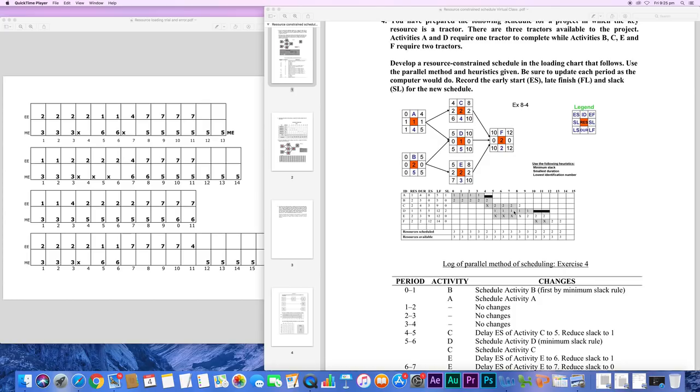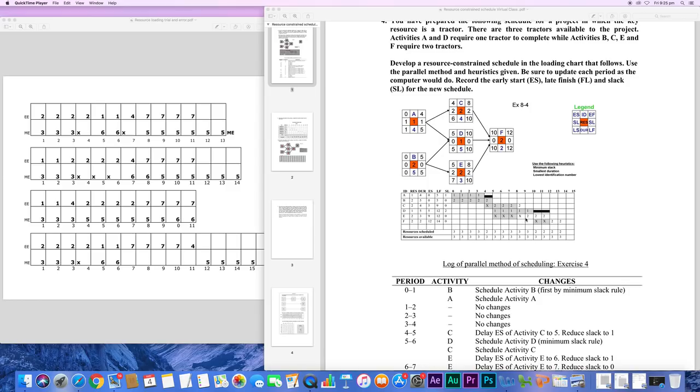We put 1, 1, 1, 1, 1, 5 periods because duration is 5, and all of that makes it 3 tractors, so that is all fine. However, can we schedule activity E to start in period 5? No, we can't, because that would exceed our maximum number of tractors. So we have to push it, and we put crosses all the way through until period 9, where we can first schedule it. We moved it by 4 weeks.